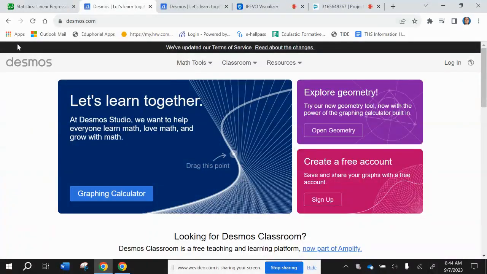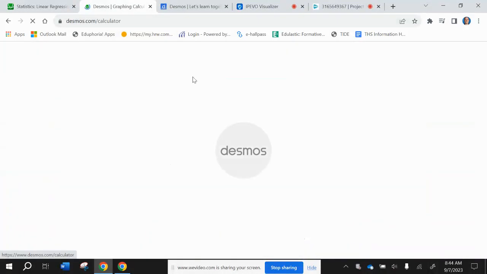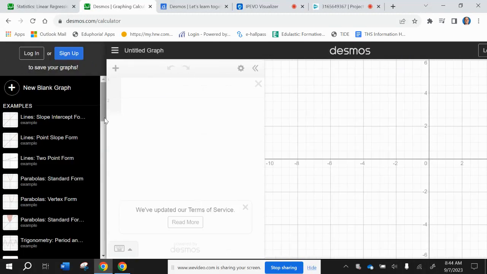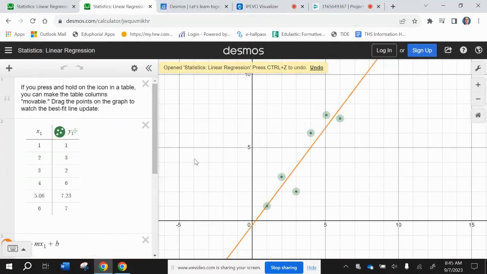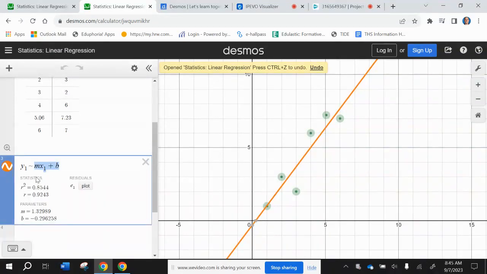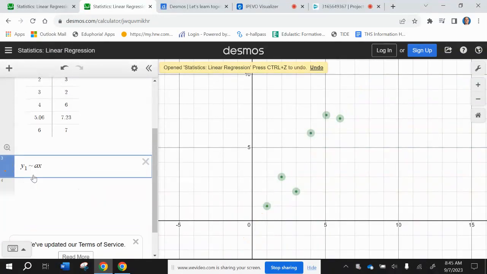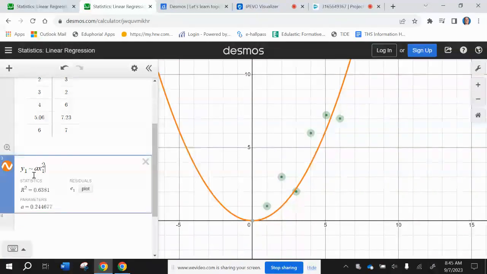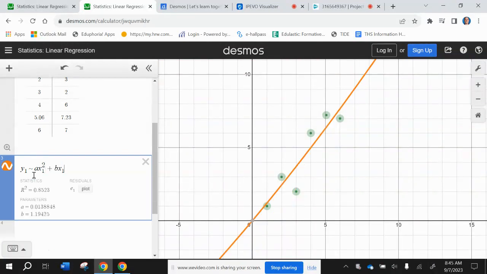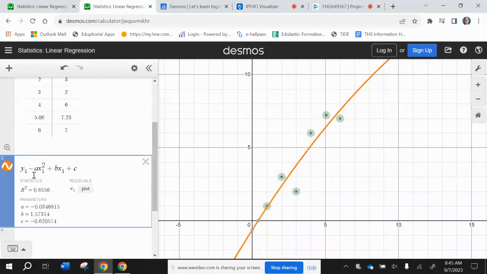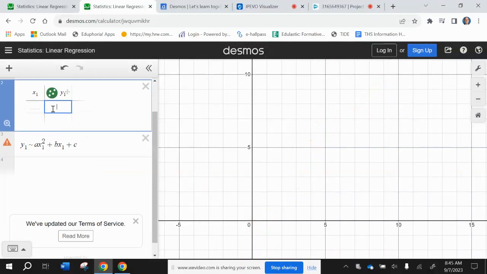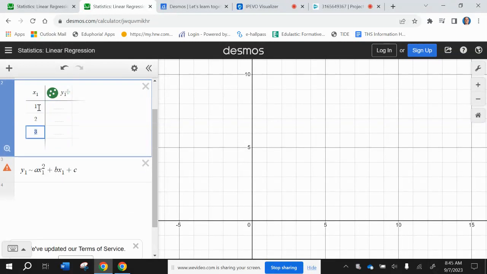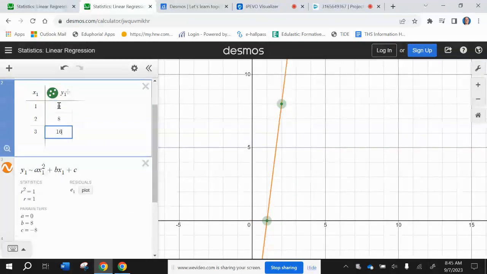Okay, so let's repeat this. So then we go to graphing calculator, statistics, linear regression. Now we want to change the linear to quadratic, so a x1 squared plus b x1 plus c. Okay, again, we change the values. So 1, 2, 3, and 0, 8, 16.